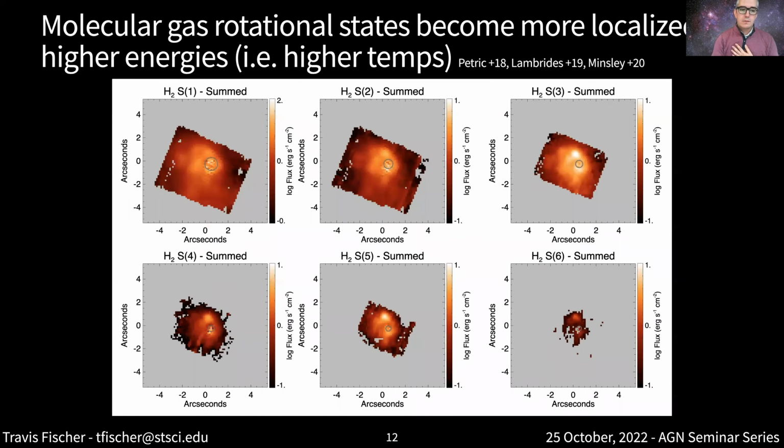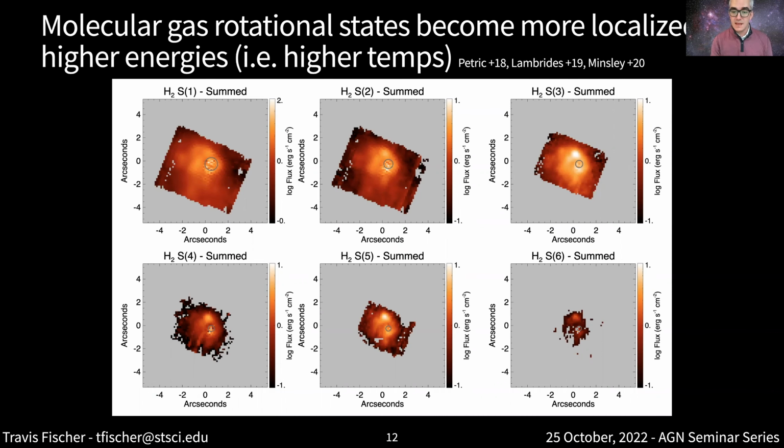We can also use all of the different rotational states of the molecular hydrogen in MIRI observations to give us an idea of where the temperature distributions are. If we look at the higher energy ones, the S6 line, we can see that it's really localized to where the radio emission and the iron 2 emission were.